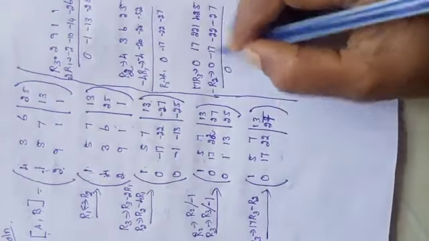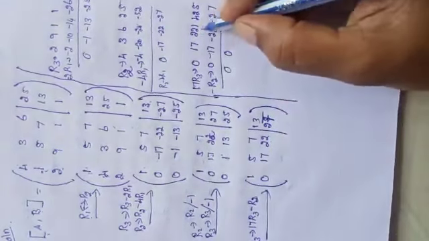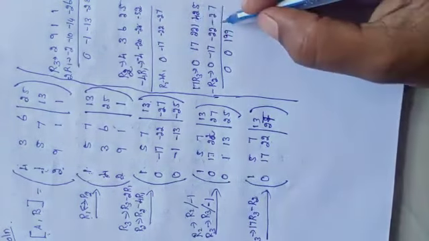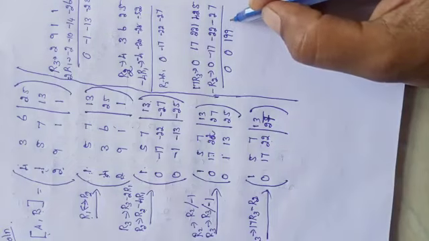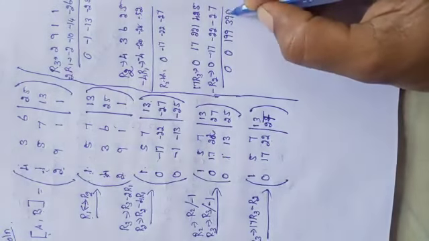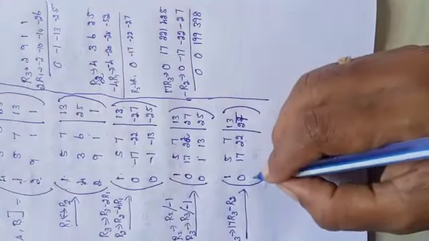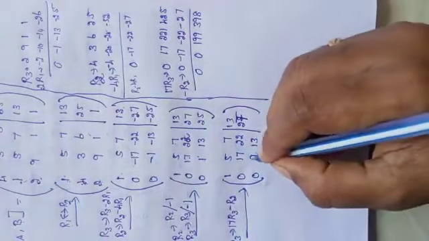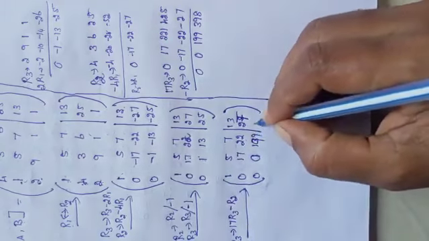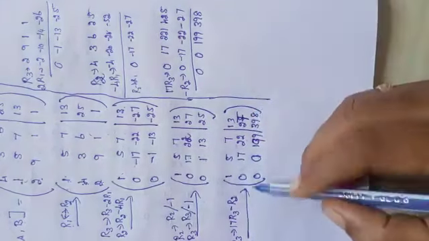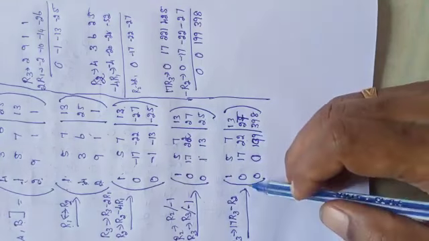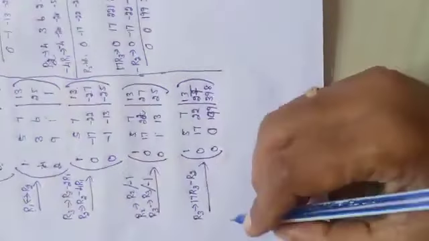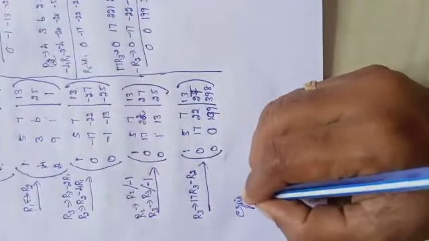Now we can add, this is 0. This will become 0. 221 minus 22, 199. 425 minus 27, that is 398. Now shall we write it here? 0, 1, 13, 25, 0, 0, 199, 398. Now we have made it in row echelon form. So once again we will write it in the equivalent system of equations.